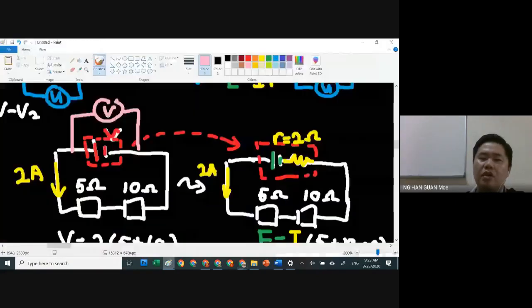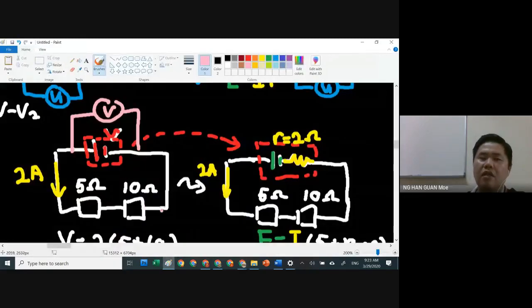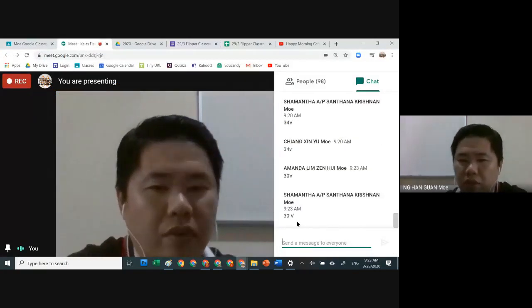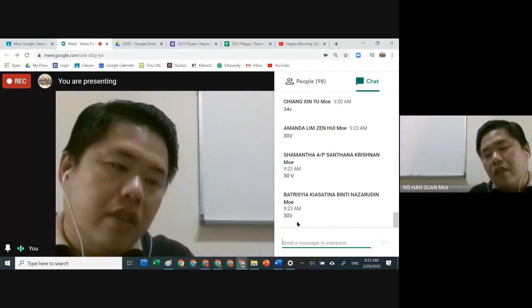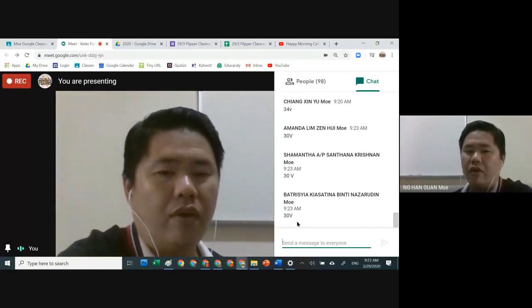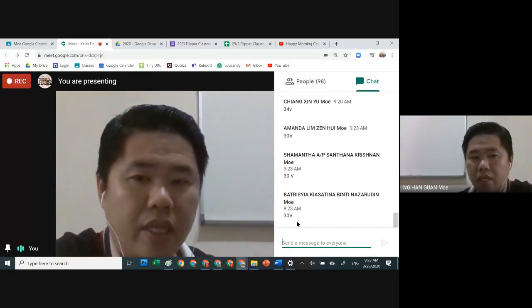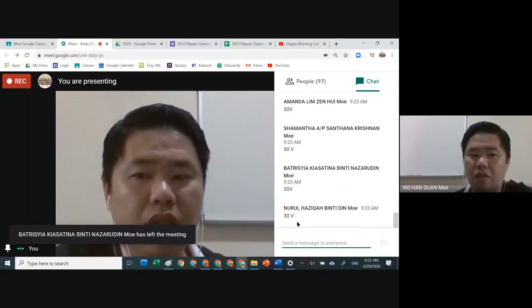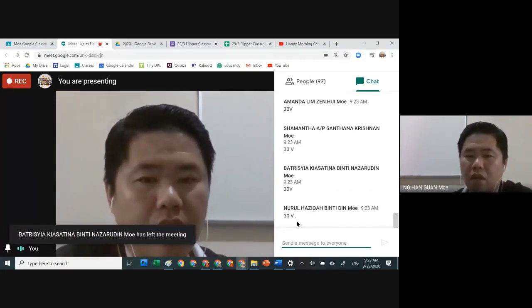So when the moment I switch on, the circuit is on, what is the reading of the voltmeter here? Right? So only Amanda answered 30 volt. Yes, it's 30 volt. When the moment I switch on the circuit, the voltmeter will show 30 volt.